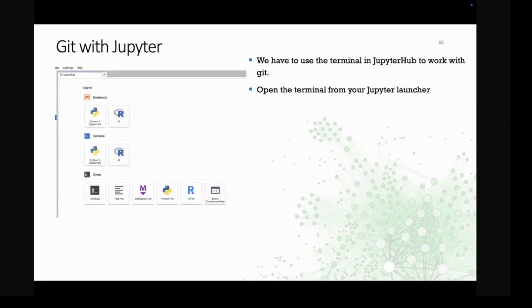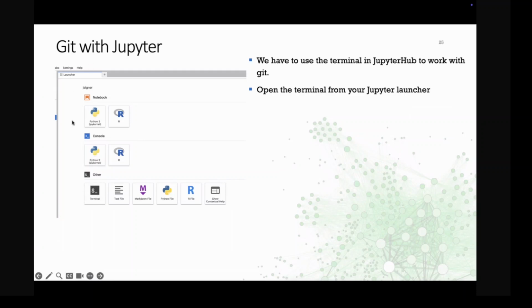The thing with Git and GitHub is that you either use the command line or you use an extra program. With our Jupyter instance, we have to use the command line, and that's this symbol here. That's the terminal window.